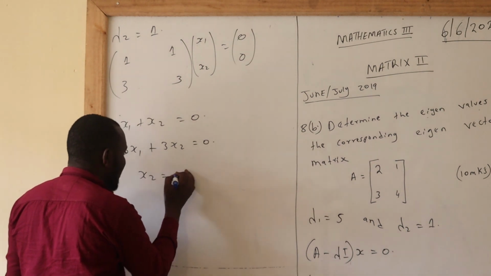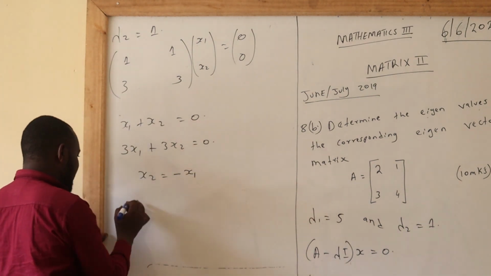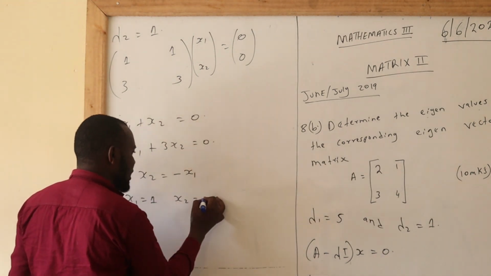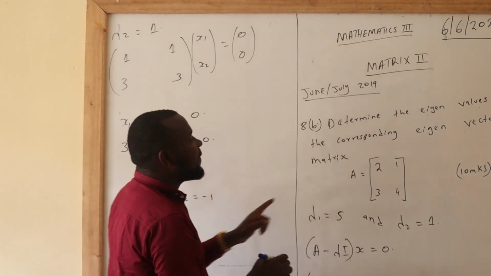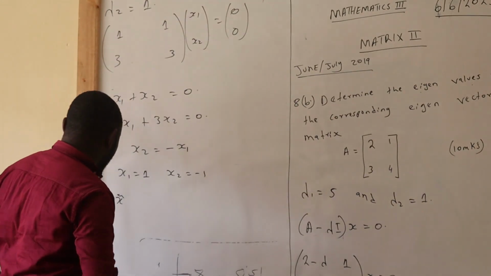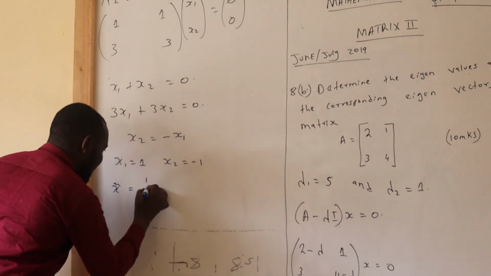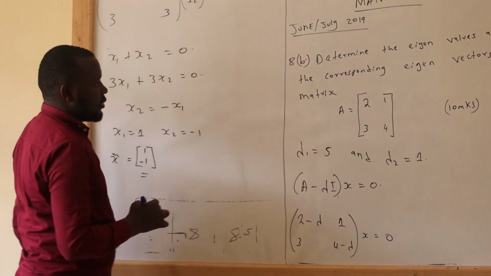So, x2 is given by negative x1. Therefore, x1 is equal to 1 and x2 is equal to negative 1. Therefore, the eigenvector of eigenvalue 1 is 1, negative 1. And this is your answer.